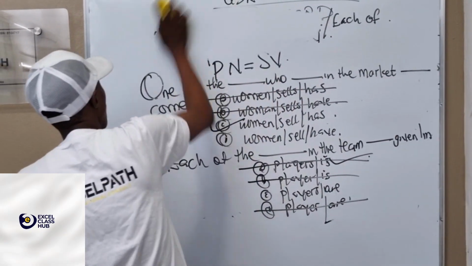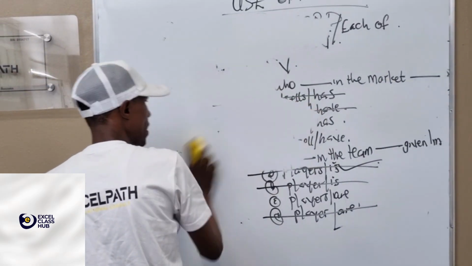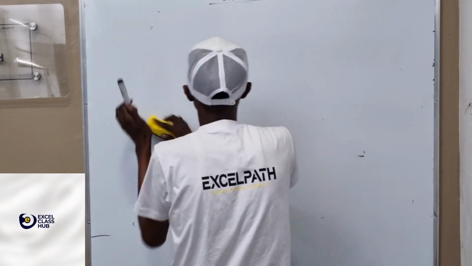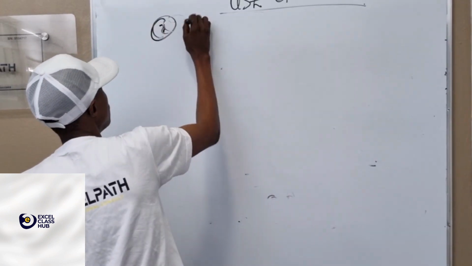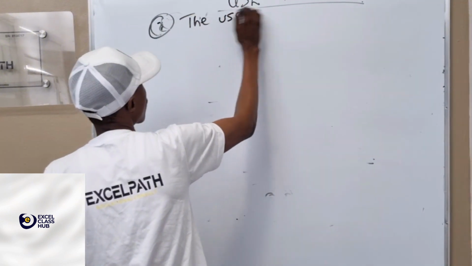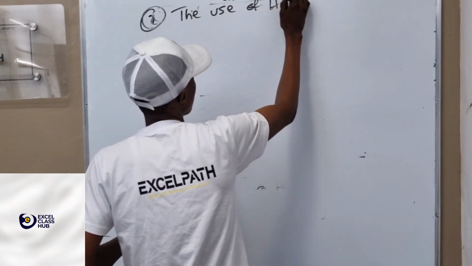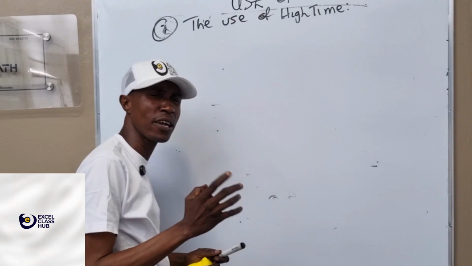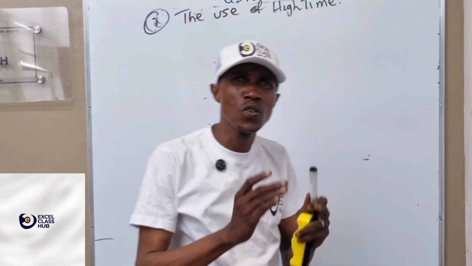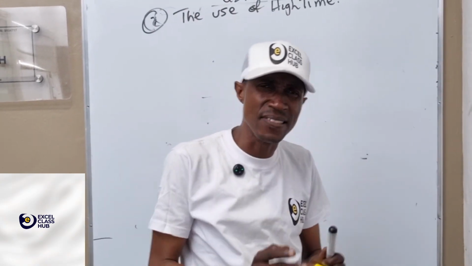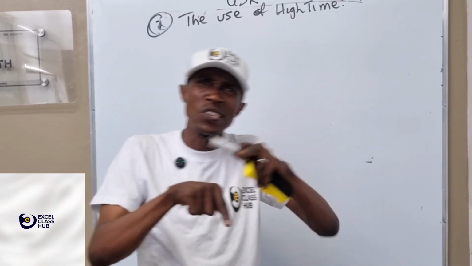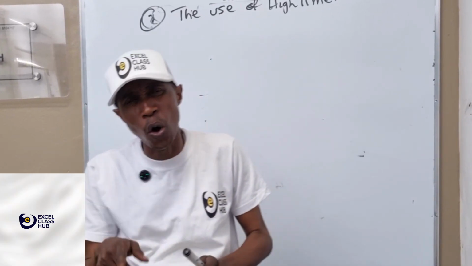Now, let's go further to certain questions again under Concord. Number 7, the use of I time. Please take note. These are principles you follow precept by precept. You don't use the first for the second, and the second for the third.